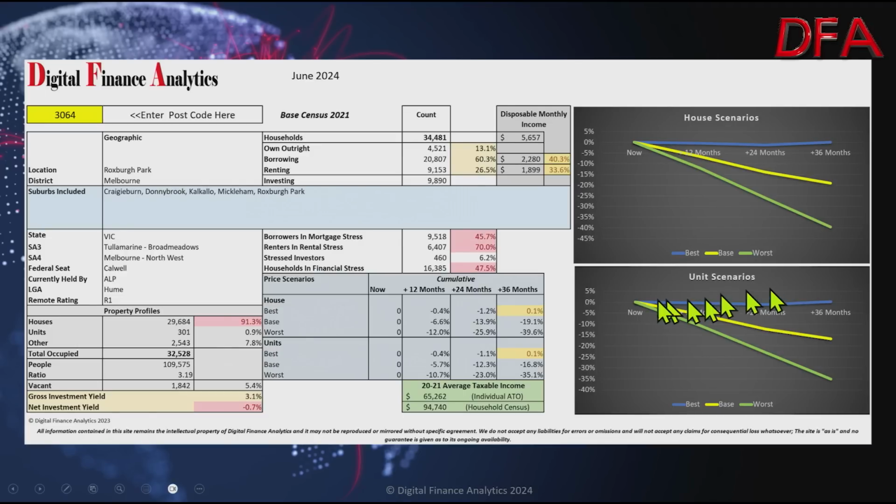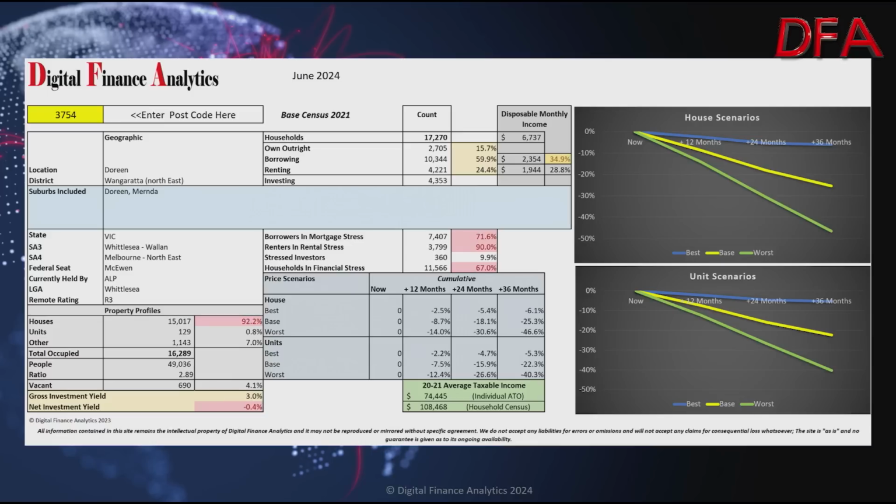And looking at the scenarios in terms of the prices ahead, even in the best case scenario, we don't see much in the way of rises over the next 3 years. The base case, a fall, and the worst case, a more significant fall. Units following suit.